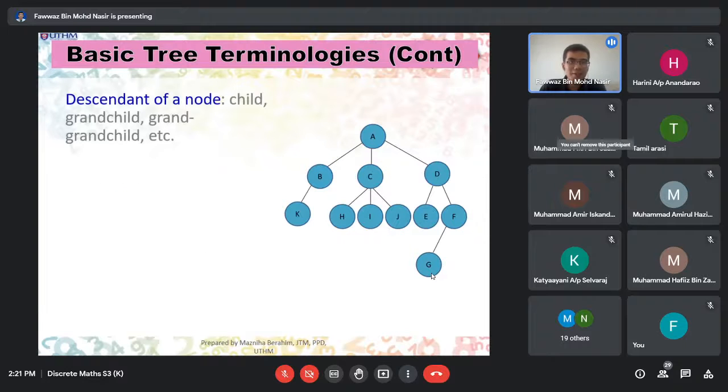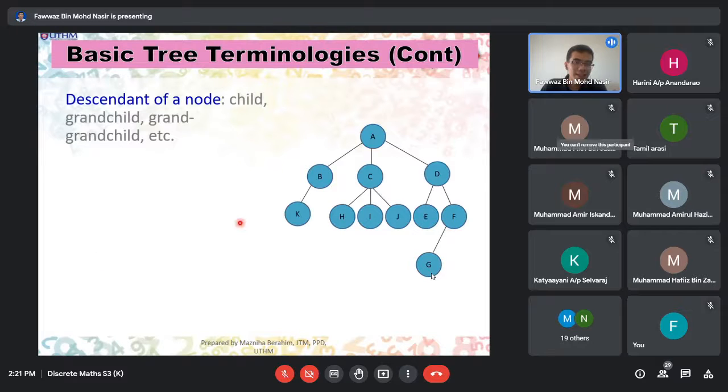Kemudian descendants of the node. Okay, descendants of the node, children, grandchildren, grandchild, etc. Okay, maksudnya apa-apa node di bawah that current node yang kita refer to. Okay, so it's almost similar macam dalam real world.